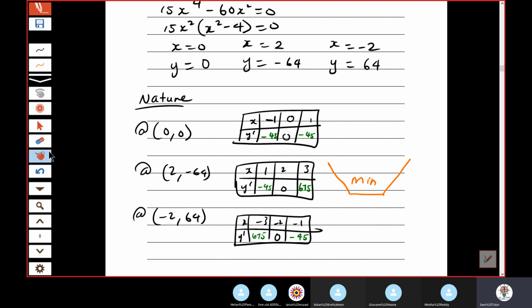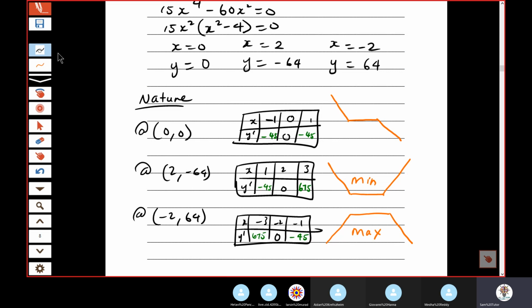Let's just start up here, and you're going down to get the minimum value, then you come back up, min. What about this one? Slope to the right, 0, slope to the left, which is a max. And then we've just got this first one here, which is a negative, 0, and then again a negative.